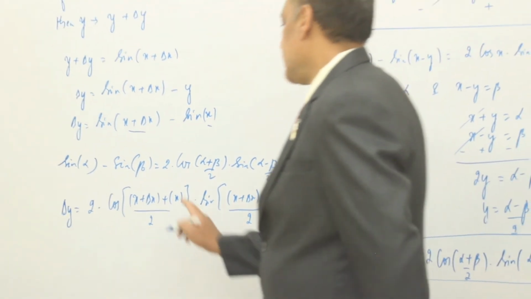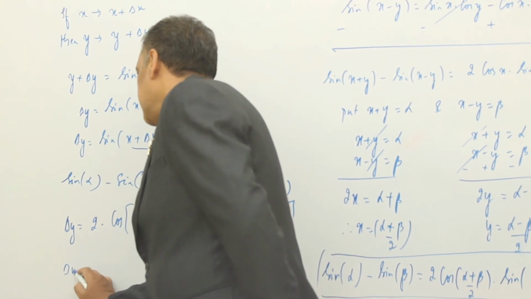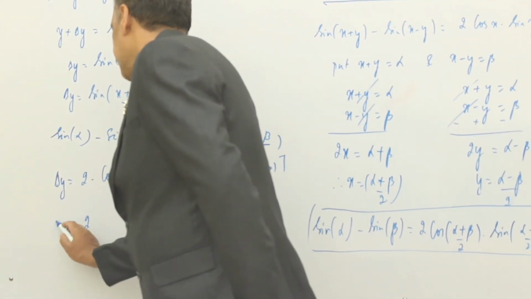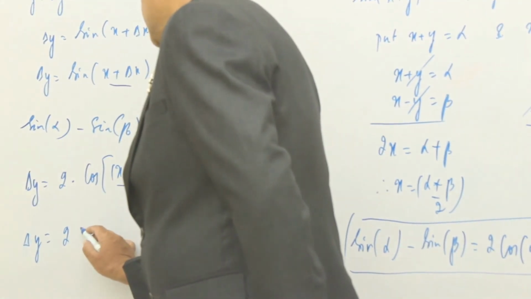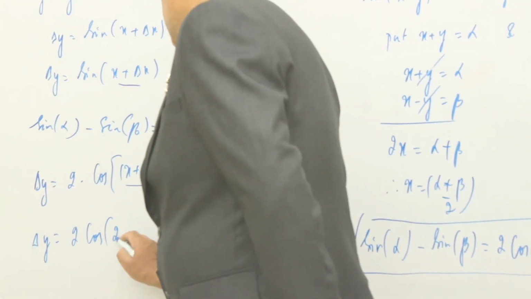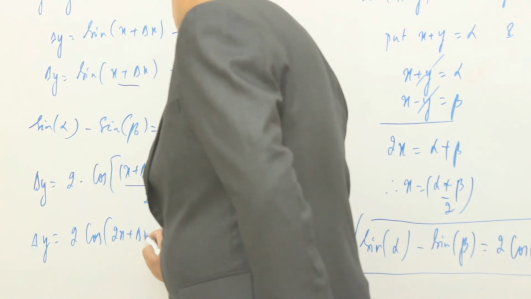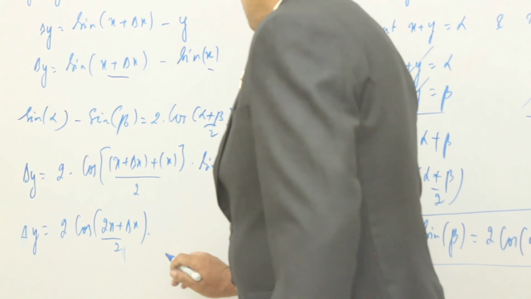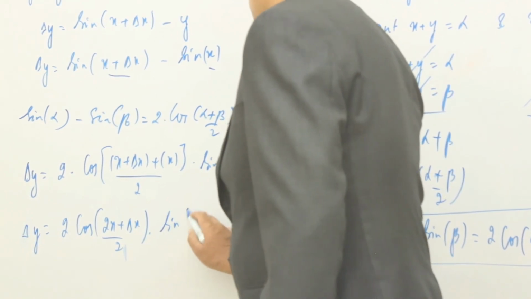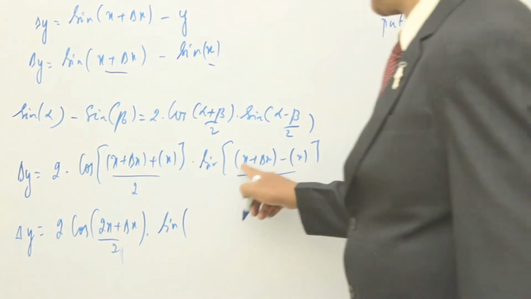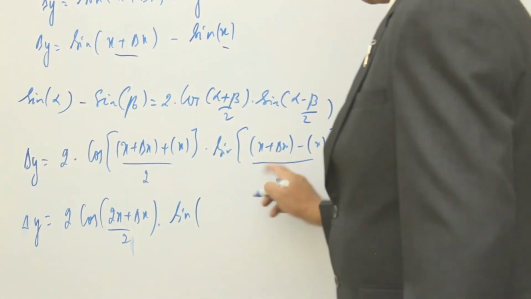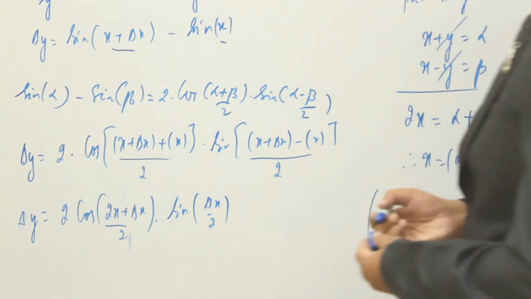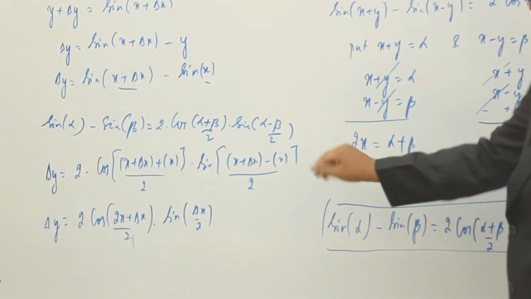So simplifying this you get delta y is equal to cos of 2x plus delta x by 2 into sine; plus x and minus x get cancelled, therefore only delta x will be left. So delta x by 2. This is what you will get.